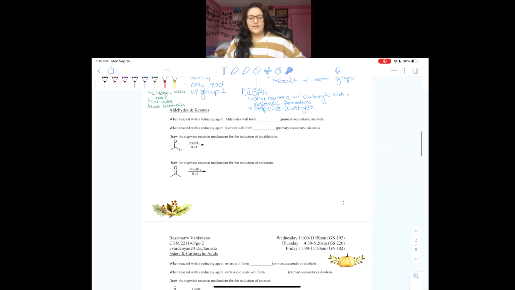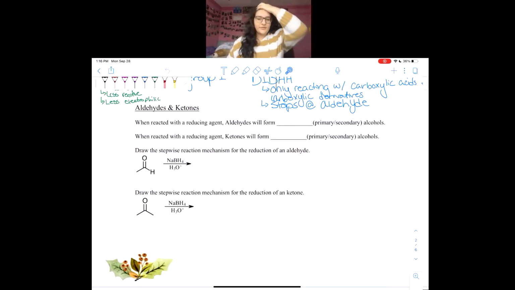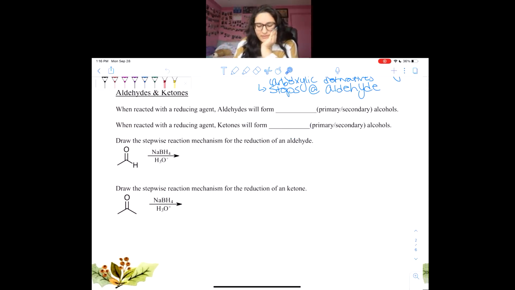So, as we mentioned, we're going to treat group 1 and 2 as if they were separate things. So right now we're going to do group 1, which again is aldehydes and ketones. And can someone remind me? Or I don't think we actually covered that. So let's do that first and then we'll answer those questions.